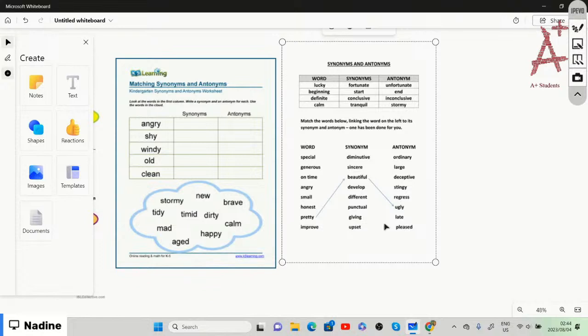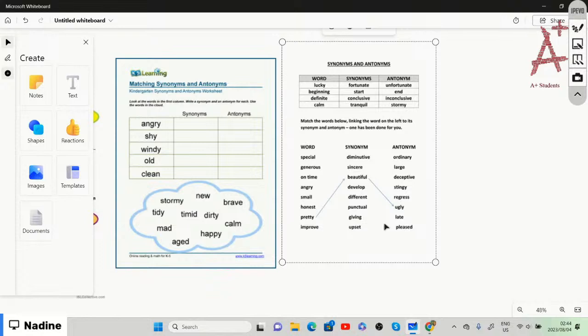So now we are going to match the word with the synonym and then the antonym as per the example that we see in front of us. So say for example, beautiful is another word is pretty, and then the opposite of beautiful is ugly.